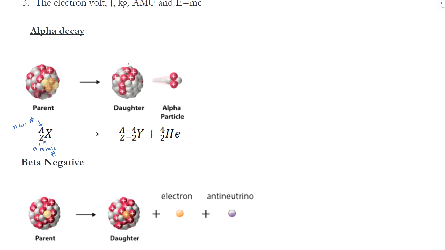That must mean the resulting daughter nucleus has 2 fewer protons and 4 fewer nucleons. So altogether it weighs 4 less, and it's a new atom altogether. This is called a transmutation. That's the first one.